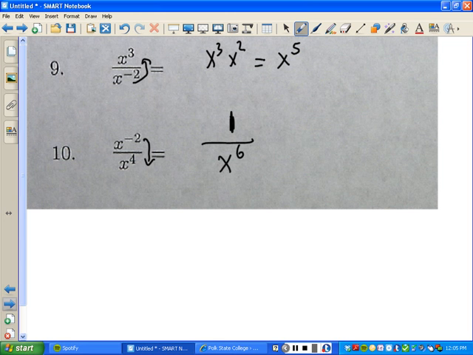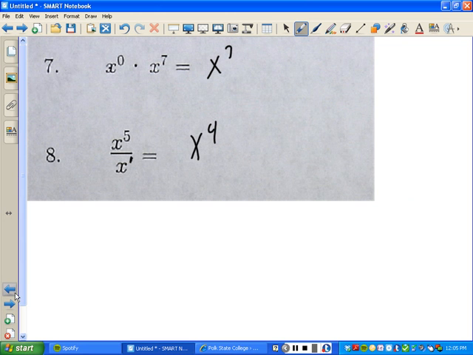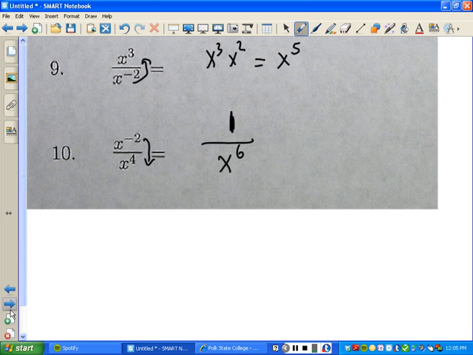Question: why do we subtract on 8 and not 9 and 10? Great question. On 8, both of these are already positive numbers, so I'll just go ahead and subtract them. On 9 and 10, we've got these negative numbers we have to deal with. Before we subtract them, let's turn them positive first, and then we'll deal with them after that. Does everybody see that?